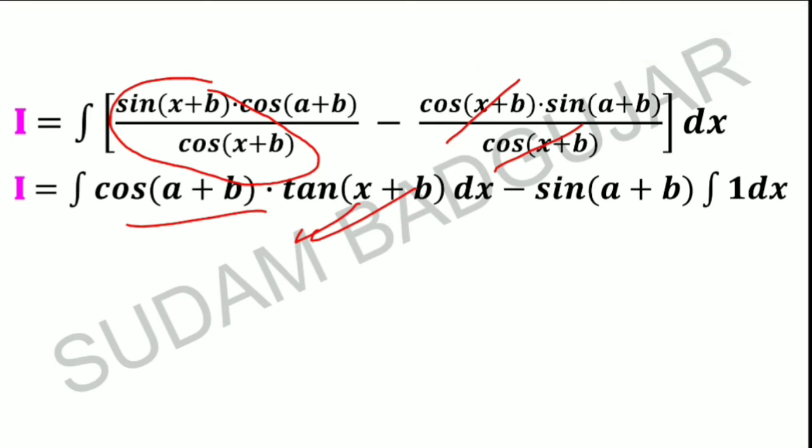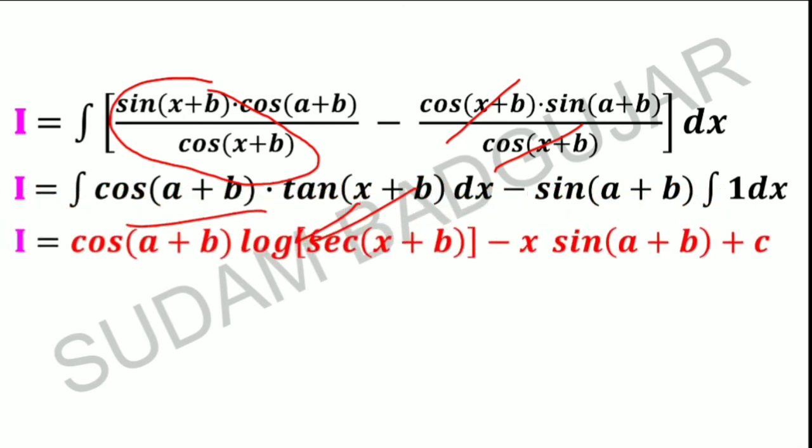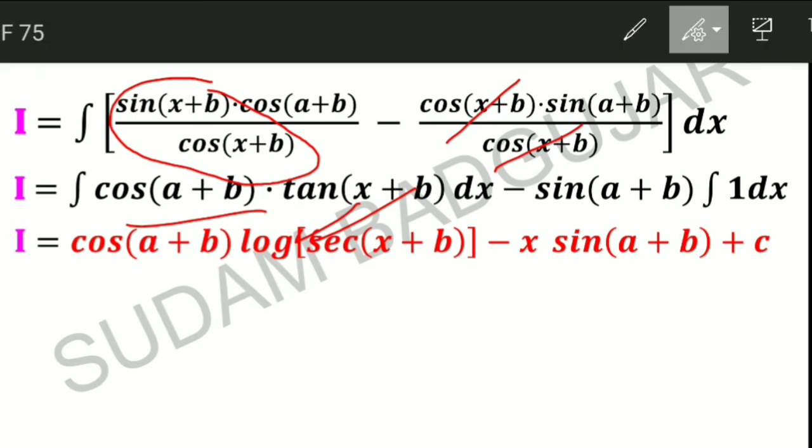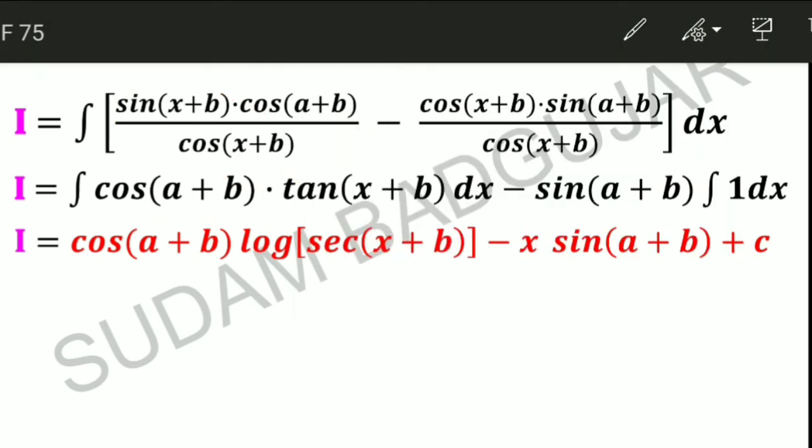Taking separate integration, cos of a plus b you write outside the integration operator. What is the integration of tan? That is log of sec of x plus b, minus x. What is the integration of 1 dx? It is x, with sin of a plus b as it is, so x into sin of a plus b. This is the final answer.